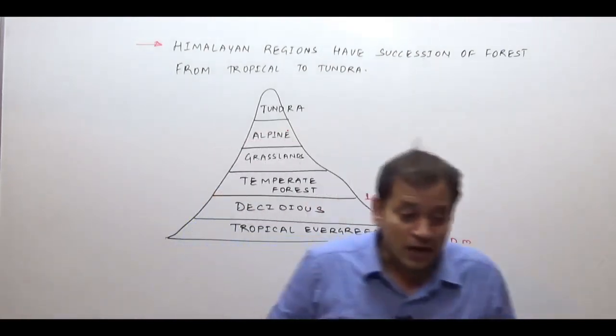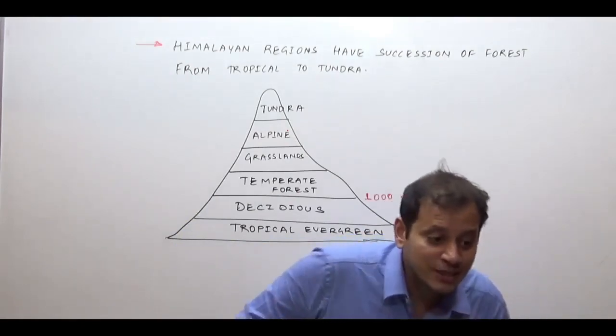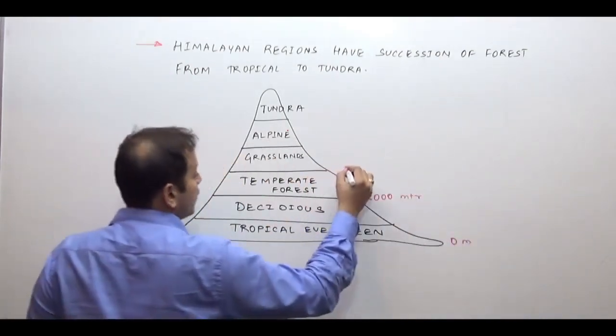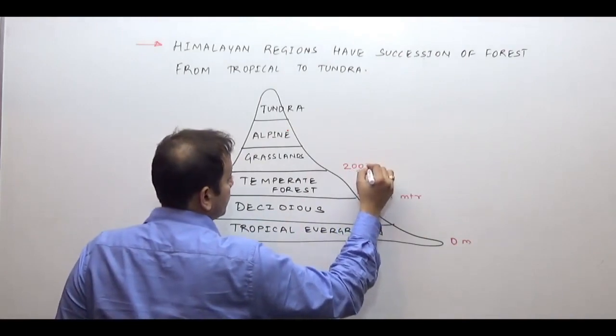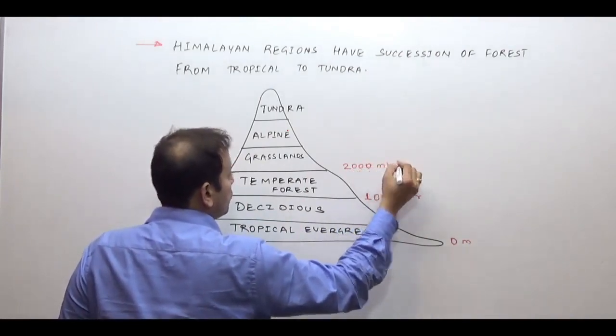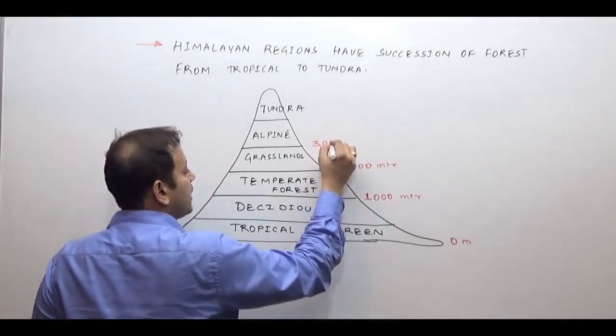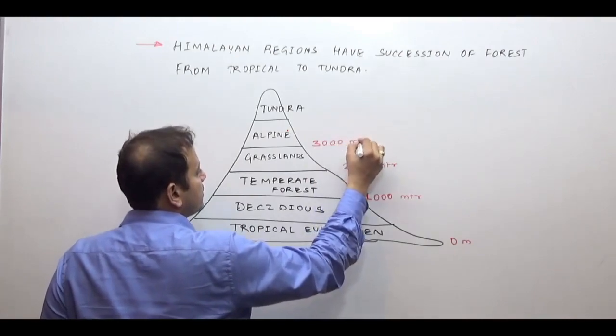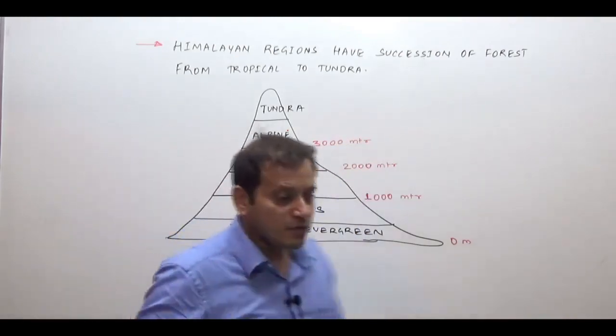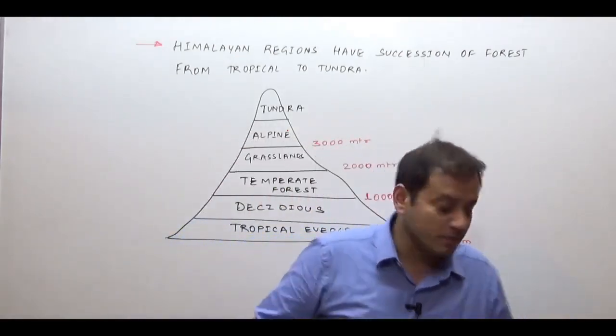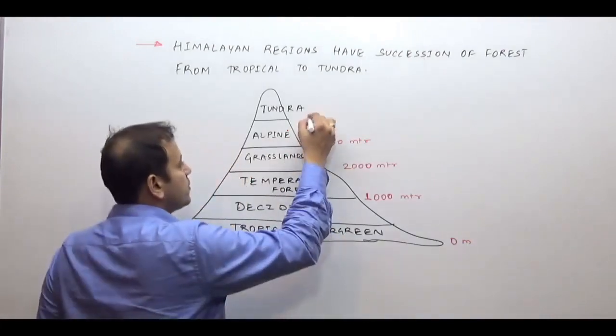From 1000 to 2000 meters you have temperate forest. From 2000 to 3000 meters we have grasslands. Above 3000 meters to 4000 meters we have the alpine forest.